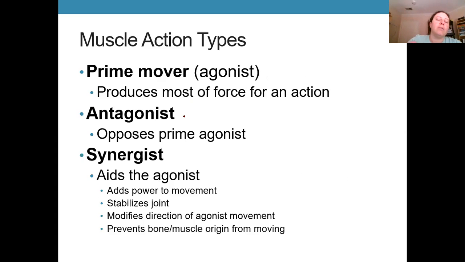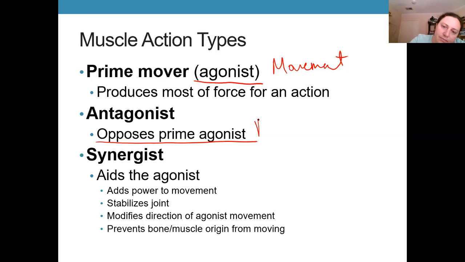The prime mover, which is also called an agonist, is whichever muscle produces most of the force for a particular action. And this is typically when that action is causing movement. An antagonist is one whose action opposes the prime mover. And so this is usually preventing or controlling movement.